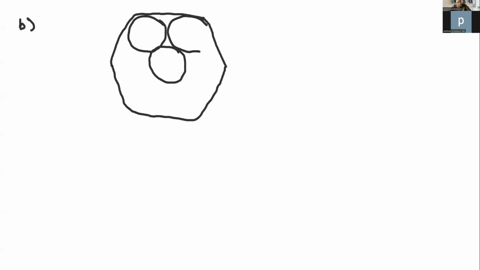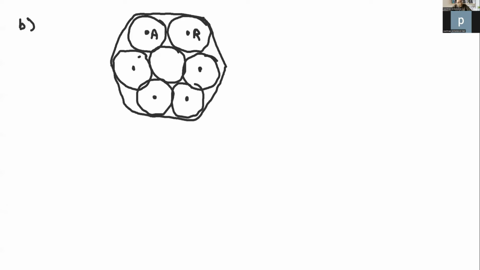There are a few things that we have to take note of. Here we have these points, the outer points. Let's label them A, B, C, D, E, and F. These are the circles.